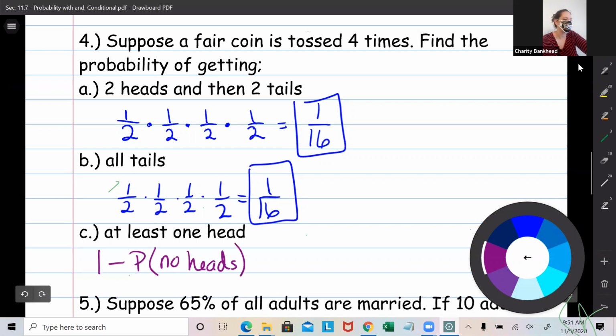Getting no heads is the same thing in this case as having all tails, which is what we did on the last problem. So this would be 1 minus 1 over 16, which would equal 15 over 16.